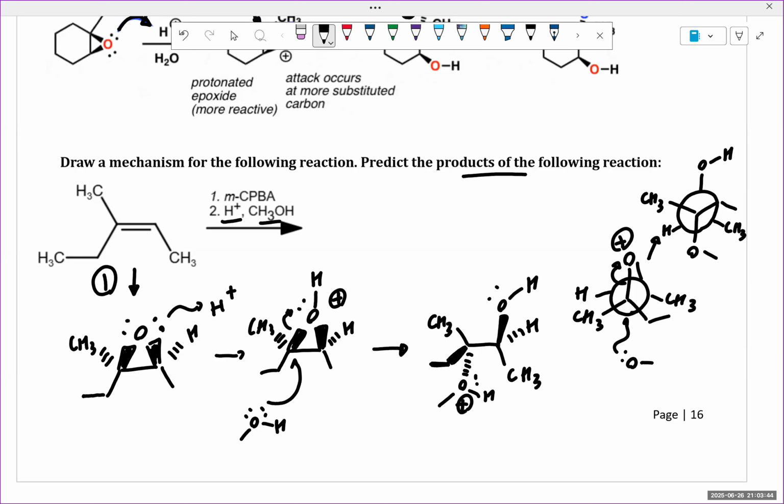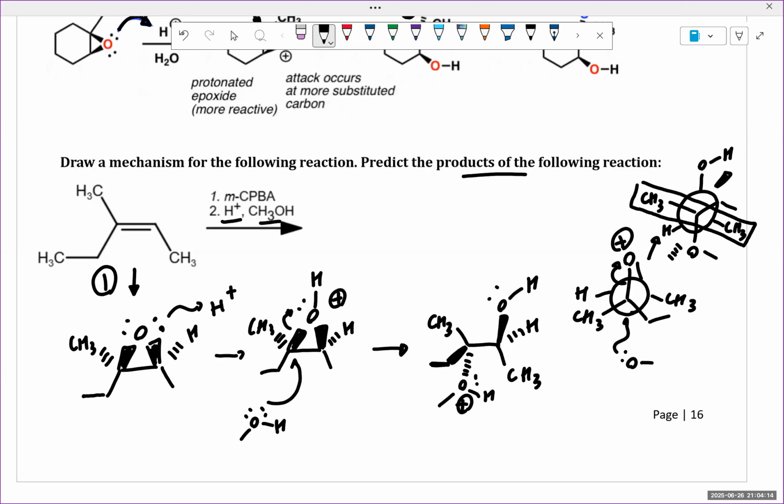So as we can see post-opening, if we're just treating these methyl groups as part of the main chain, we see that this alcohol and the ethyl group are on the same face, so they get a wedge, while the methanol and hydrogen are on the same face and they get a dash, which matches our dash wedge depiction.